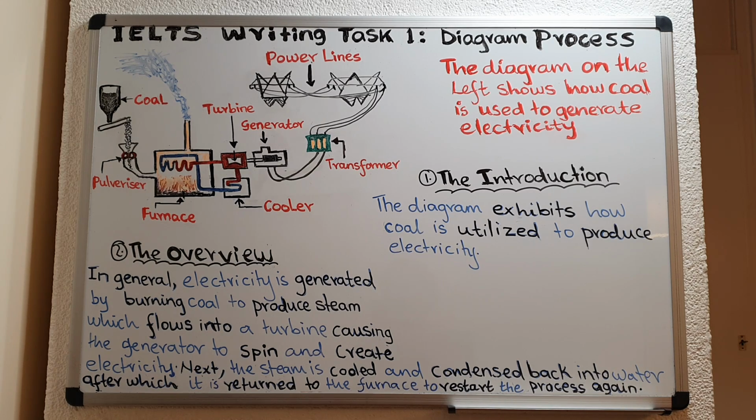Step number 5, transformer. Step number 6, power lines, where you have the electricity. And then the last step you can put is the cooler. That is number 7, because the steam is cooled yet again and condensed back into water, after which it is returned to the furnace to restart the process all over again.